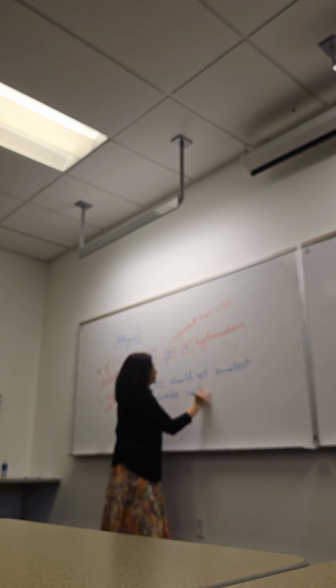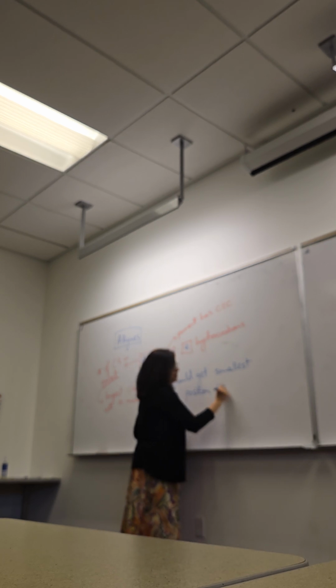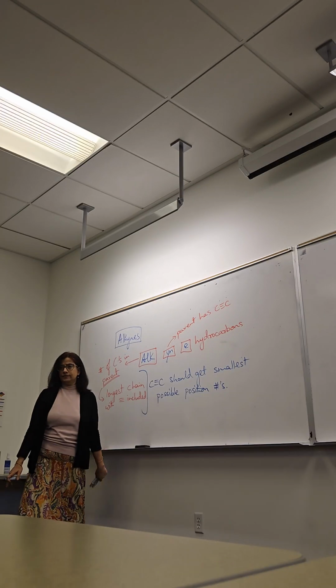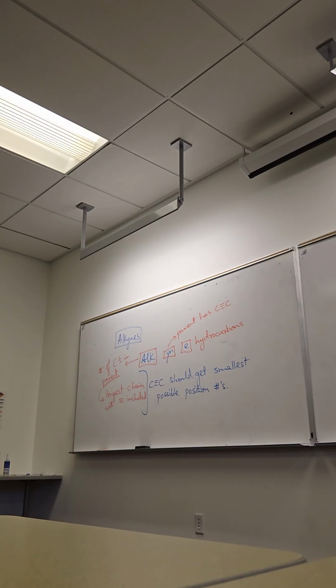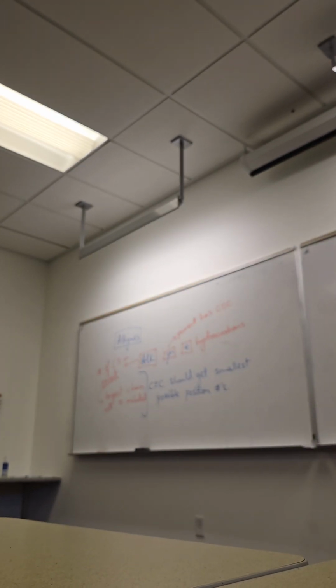And if there were more than one triple bond in the parent, the combination has to be the smallest. Everybody okay? Yes? So let's try out a few.